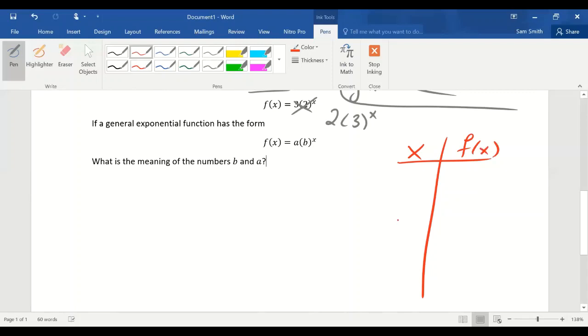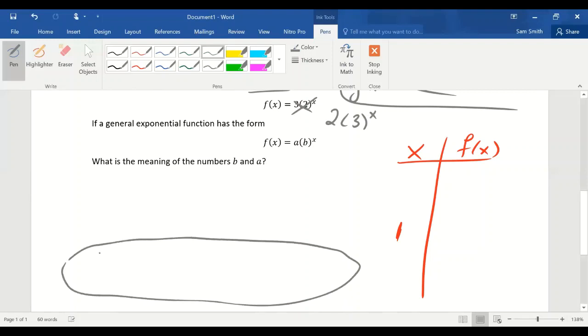What if I plugged in x equals 1 to this function? What would be the result? Let's again do some work on the side. If I plug in x equals 1 and put 1 in x's position, then let me follow PEMDAS here. 3 to the exponent of 1 is 3. 2 times 3 is 6.